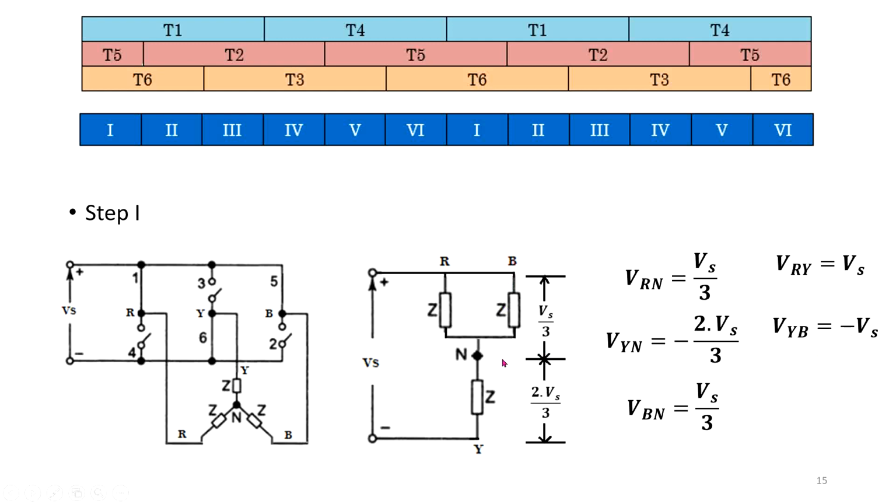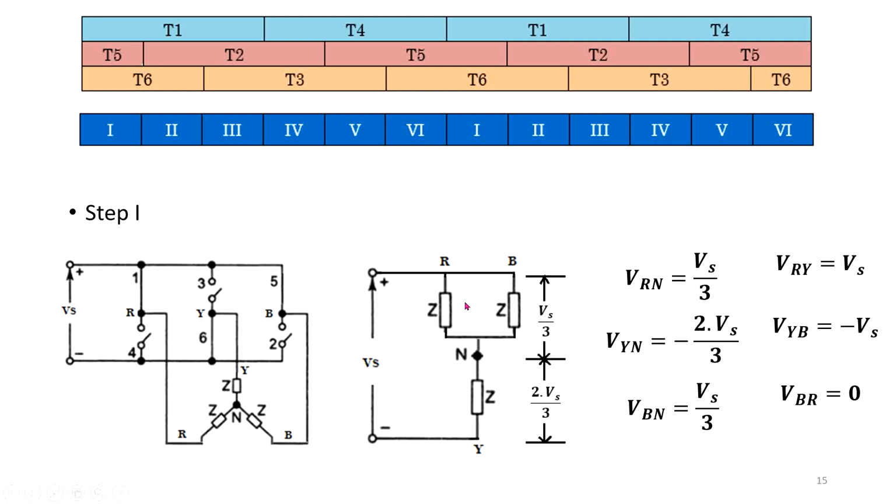This is minus Vs. Now you have taken your reference to this point, so when you take the reference like that, a negative sign will be there. And VBR, if you take the voltage from here to here, this is a short, it is 0. You know that a short circuit is treated as 0.